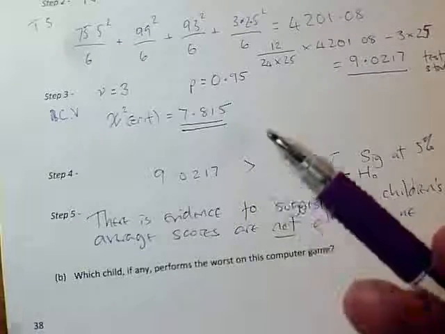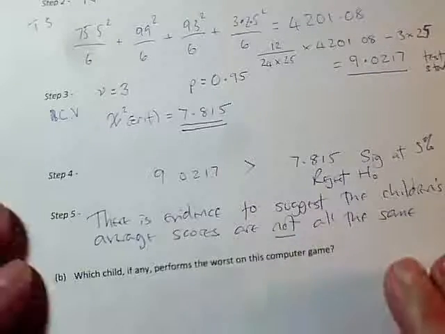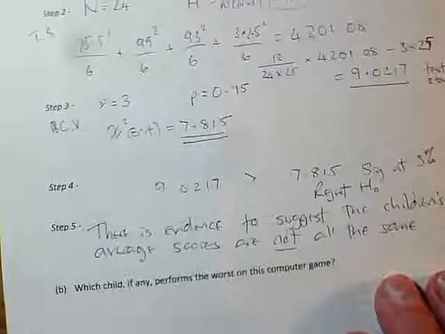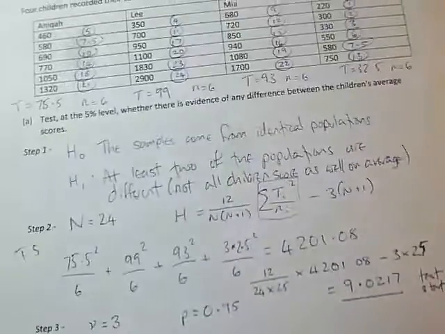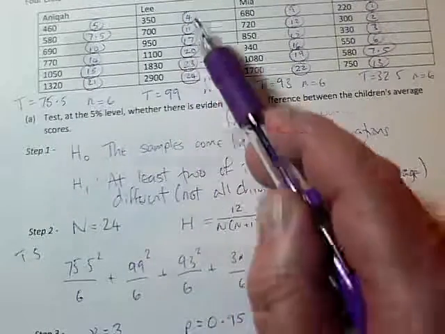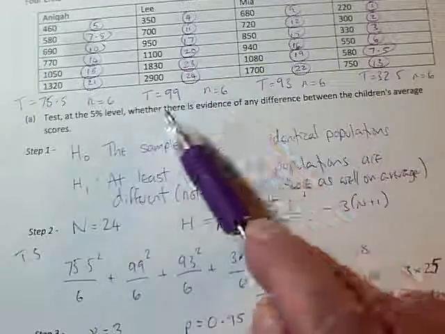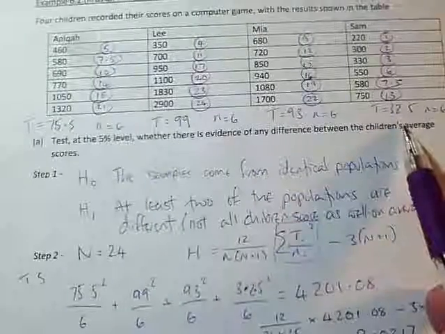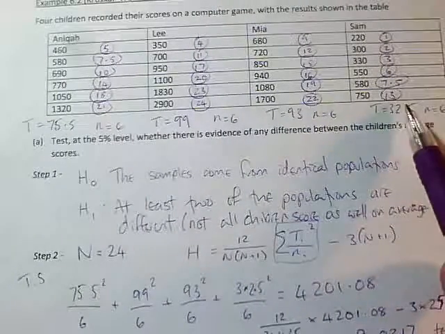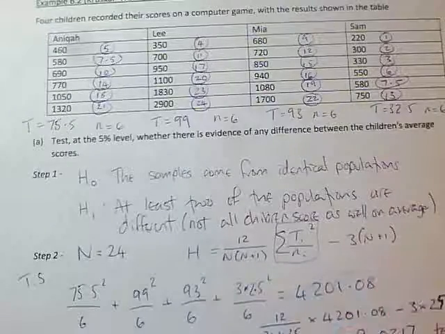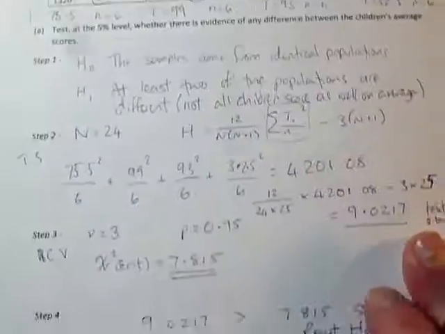Now, this isn't given to us by the test statistic, but we have to go back to the original data and say which of the children does seem to be worse than the others. Because it does seem to be, we've got two with quite high sums of ranks, and high ranks go with high scores. So we've got two children quite good. This one isn't far behind, but poor old Sam here has got a lot of the lowest ranks. So it seems that the reason why we've got a significant result is because Sam is not scoring as well as the others.